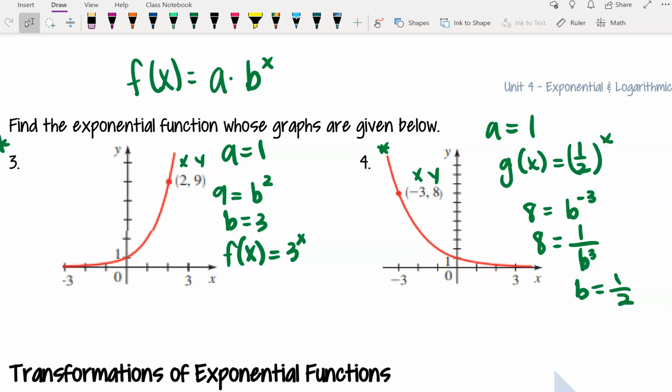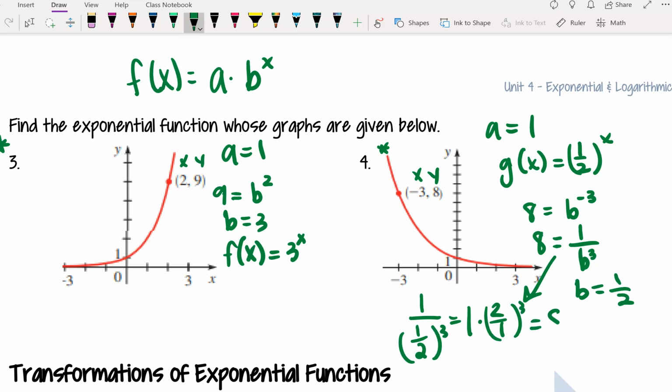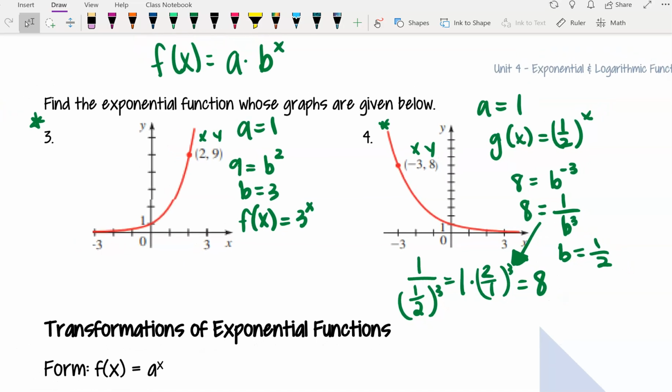Because of keep, change, flip, 1 over 1/2, keep the first one, change the sign, and then flip your fraction. Because this is raised to the third, still raised to the third, this is how you get 8. Let me know if you have questions about that. It's just hard to visualize sometimes.